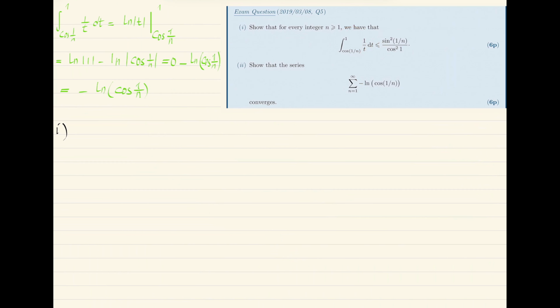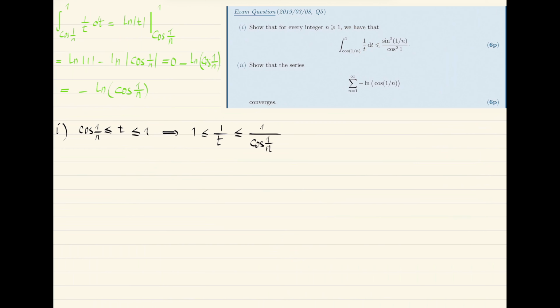So this means that t is somewhere between cosine of 1 over n for a fixed n up to 1. So this means that 1 over t is definitely greater than or equal to 1. Yes, because if t itself is less than 1, its reciprocal becomes greater than 1, and it is less than or equal to 1 over cosine of 1 over n.